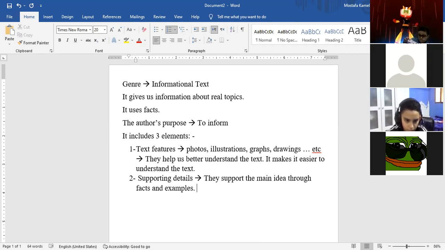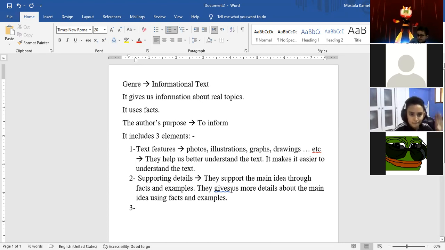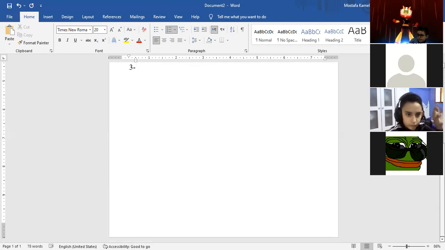And we can say also that they give us more details about the main idea using facts and examples, right? Yeah. Very good.